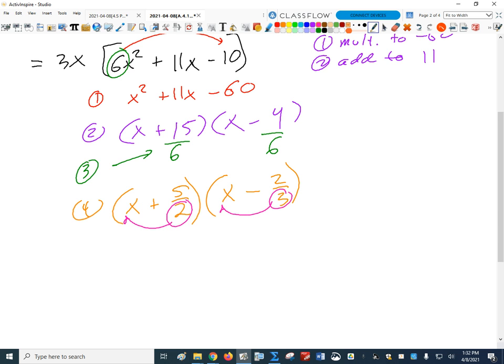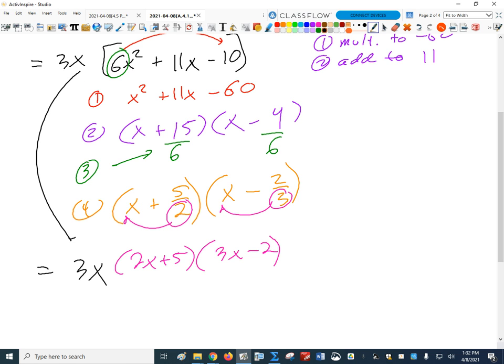And so then we end up with this trinomial factoring into 2x plus 5 times 3x minus 2. And don't forget, we've still got that 3x out front, don't we? Right there, our GCF that we pulled out before we started even messing with the trinomial. So there's our answer.